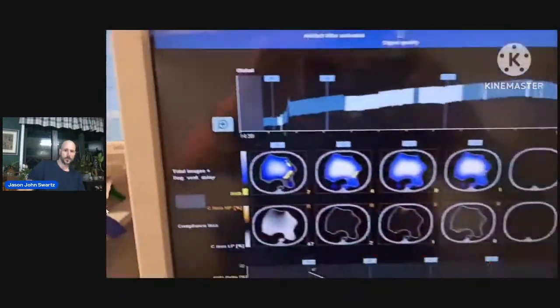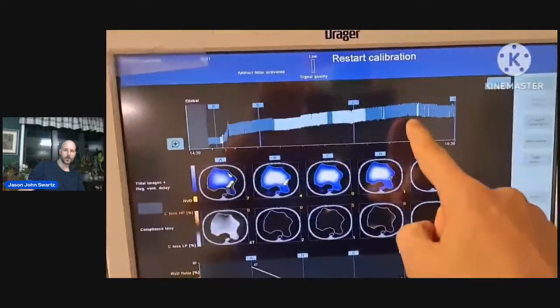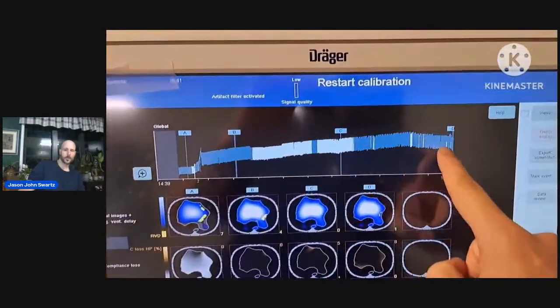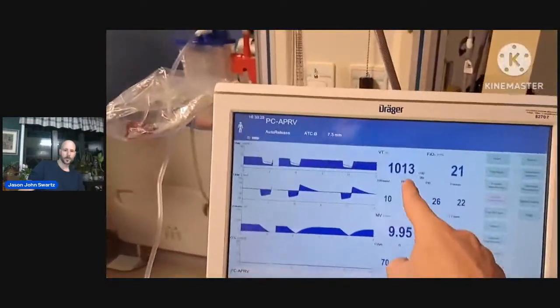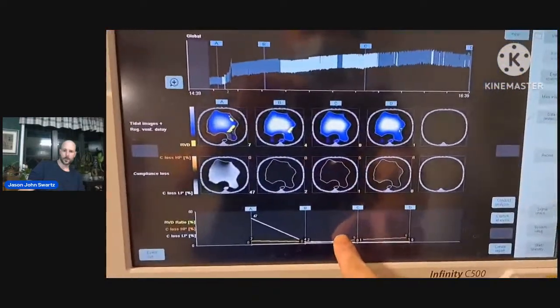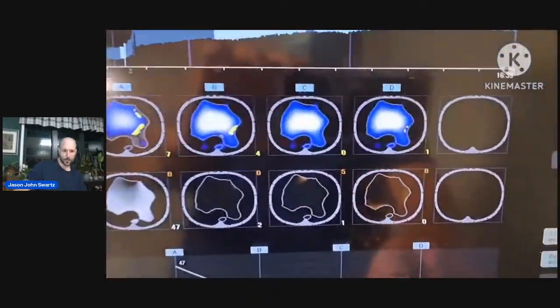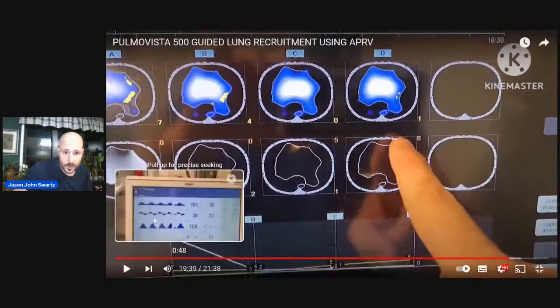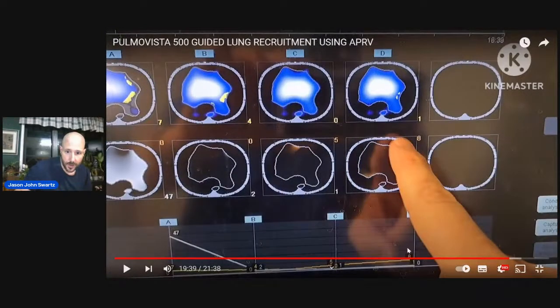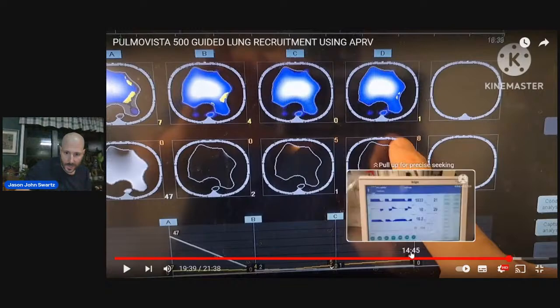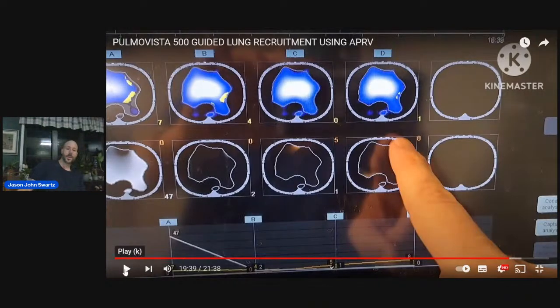The thing is that every time we lower the P high so that people are more comfortable with the tidal volume, what you're seeing here is we're losing compliance and starting to have spots. We went from 5%, now it's going to 8. And if we leave it there, I bet it would trend.